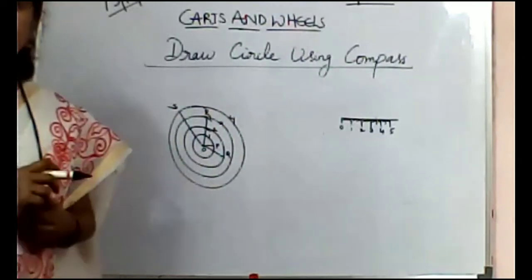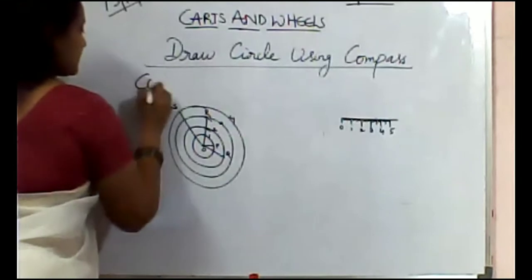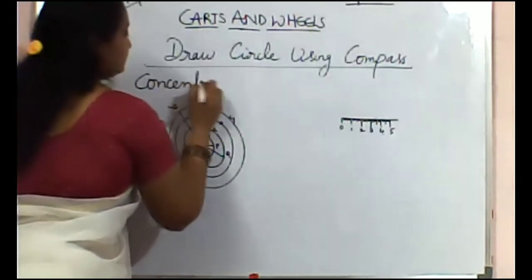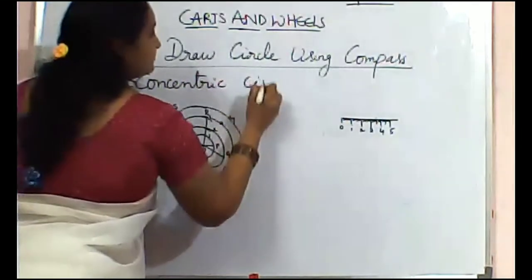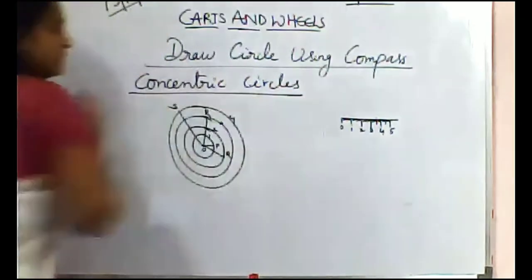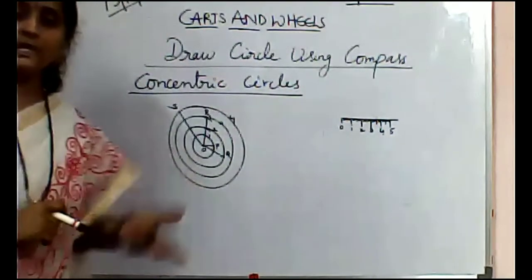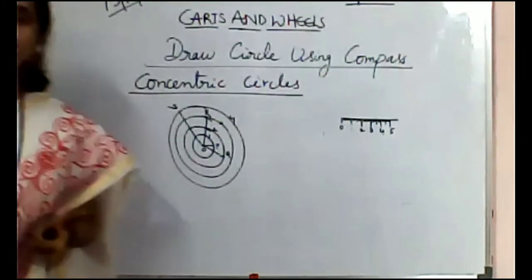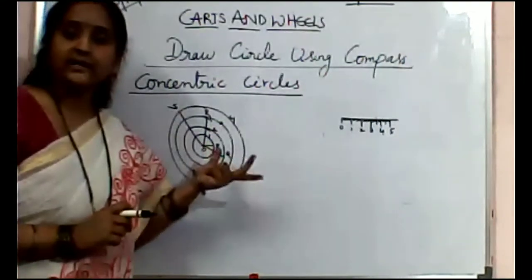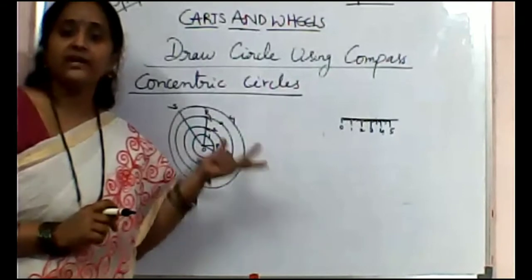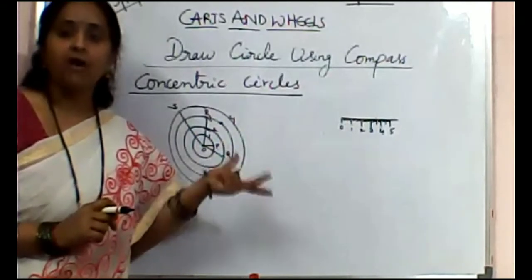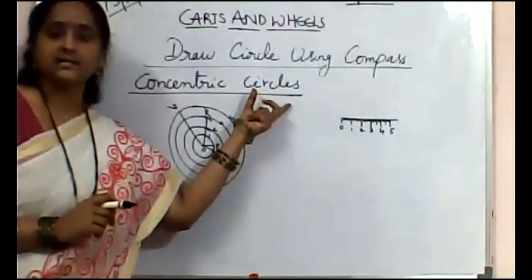These types of circles are called concentric circles. Two or more circles having one center point and different radii are called concentric circles.